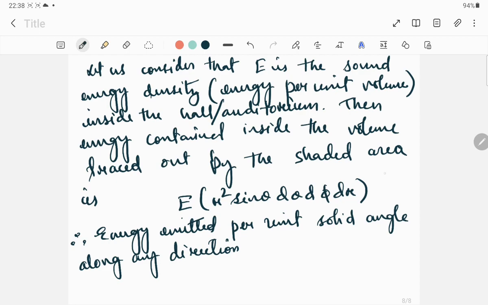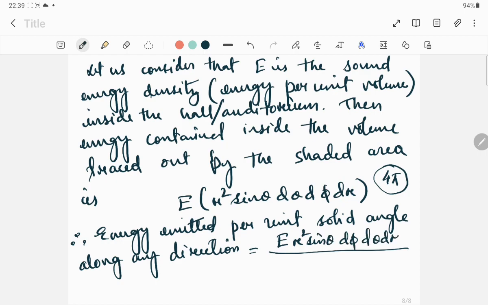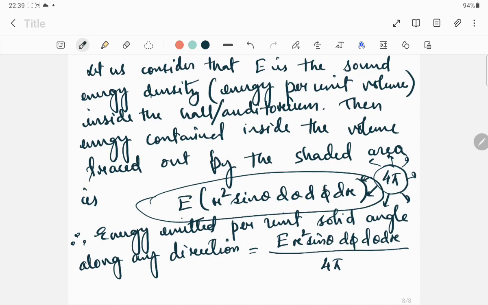For a uniform spherical distribution, the total solid angle is equal to 4 pi. So per solid angle will be equal to E r square sine theta d phi d theta dr by 4 pi. Because if it is emitted in all the directions, the total solid angle is 4 pi. So this much energy is emitted in an angle 4 pi, and for one solid angle, the energy emitted will be E r square sine theta d theta d phi dr by 4 pi.